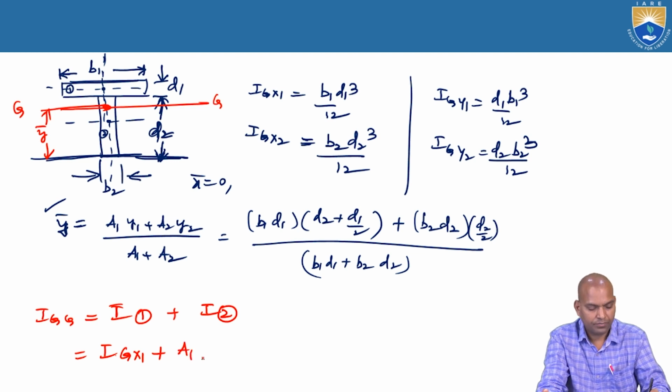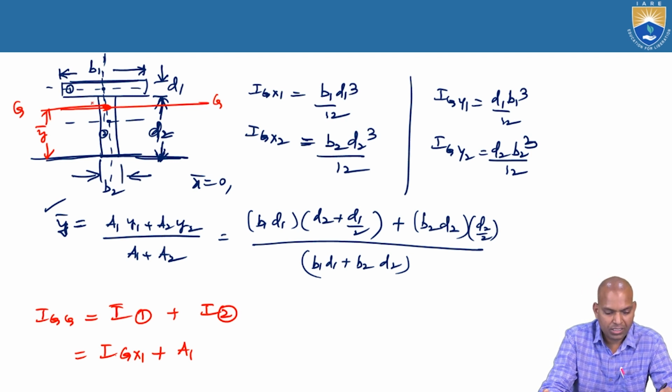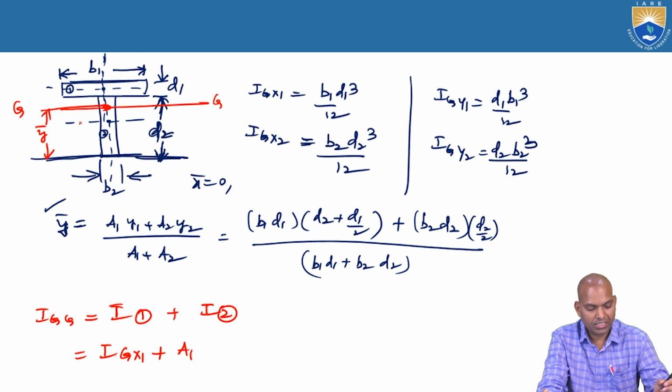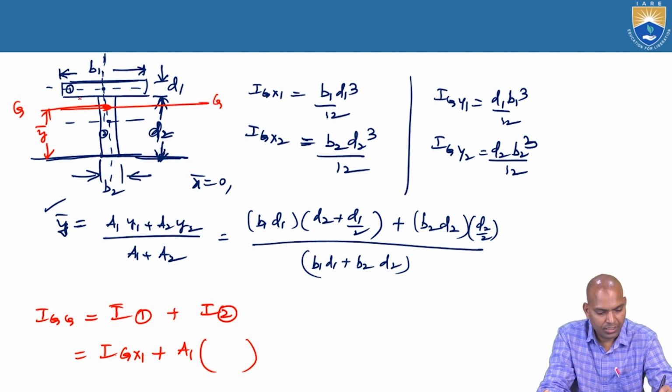A1 times the vertical distance. The vertical distance, from this point to this is y1.